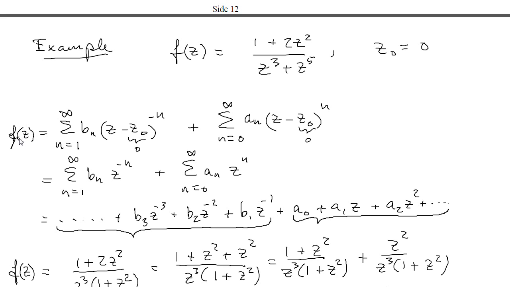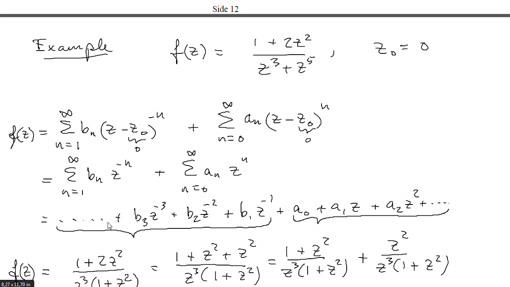Before starting the process, we always write down the general expression for the Laurent series. And this is a general expression, and in our case we have that z0 is equal to 0. So just replace this z0 by 0, and we then obtain this easier series.